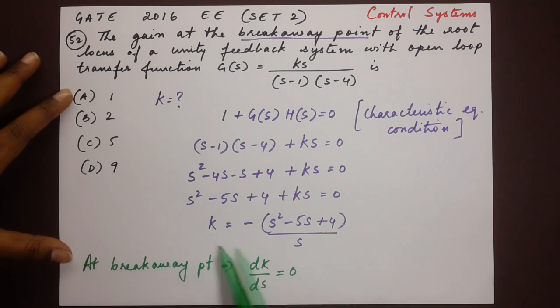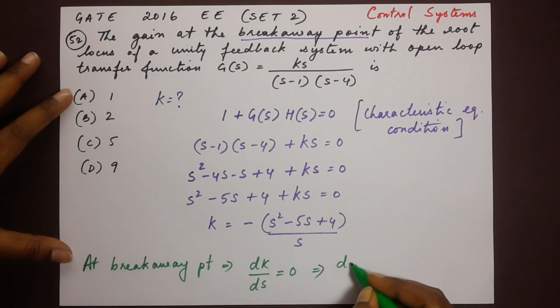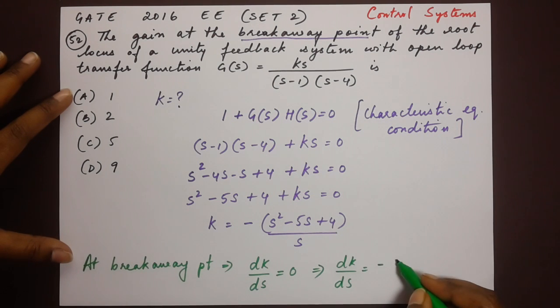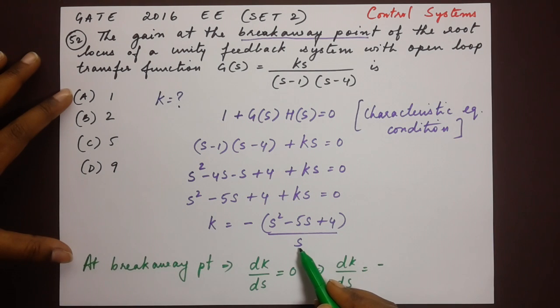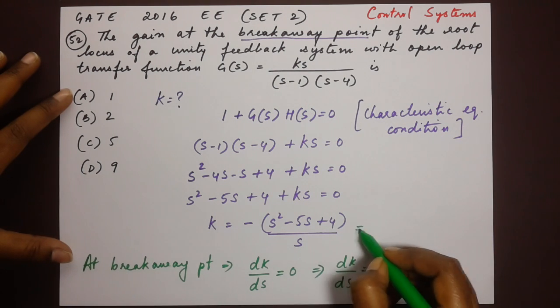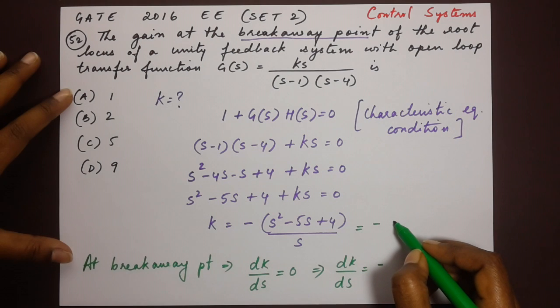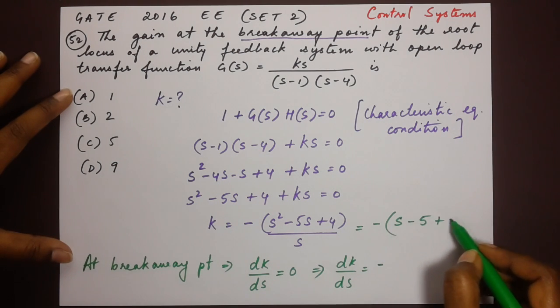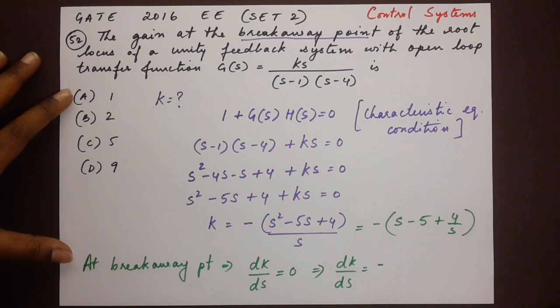So if we differentiate this expression here, we get dK/ds equal to minus of, if we divide by s here, we can write the expression as s - 5 + 4/s.